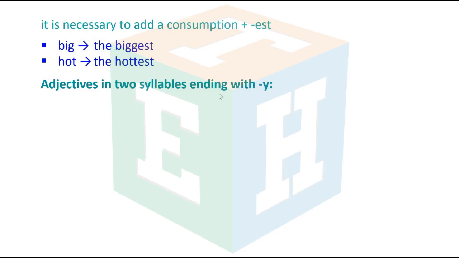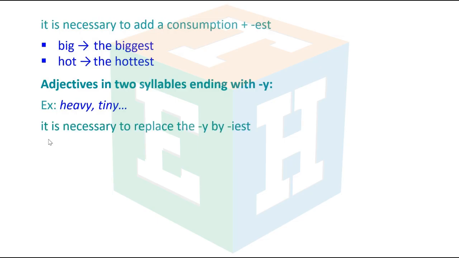Adjectives in two syllables ending with y. Example: heavy, tiny. It is necessary to replace the y by iest.